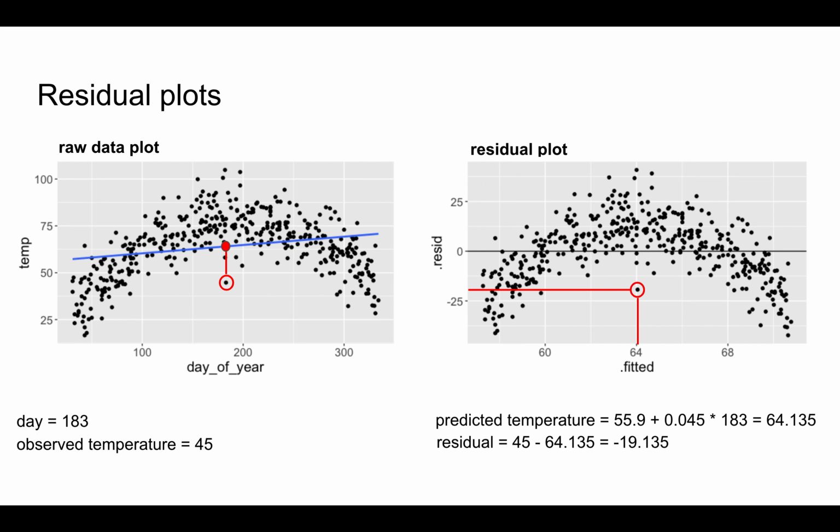Thus, every dot below this line of 0 represents a similar data point in which the observed temperature was below the prediction, or the observation was below the trend. In contrast, each dot above 0 represents a data point in which the observed temperature was higher than predicted, or above the trend.